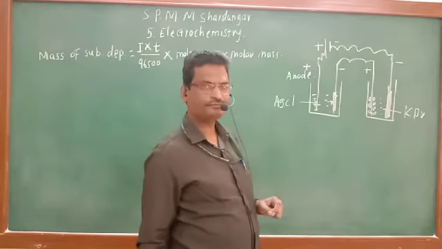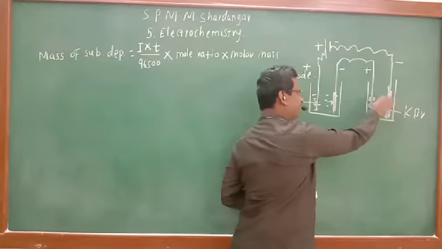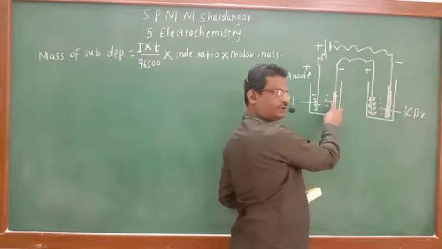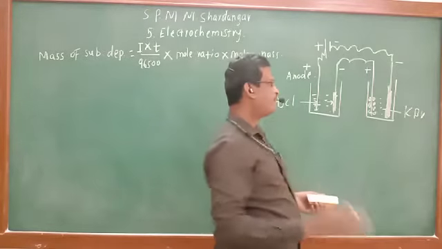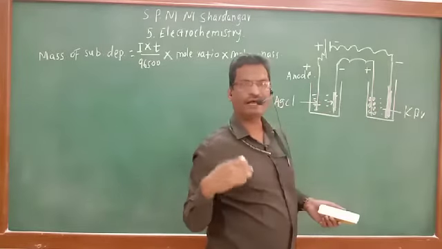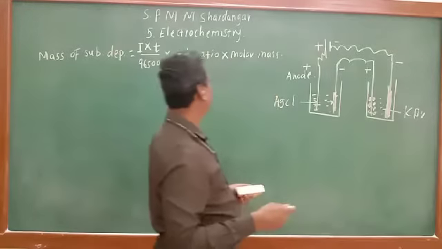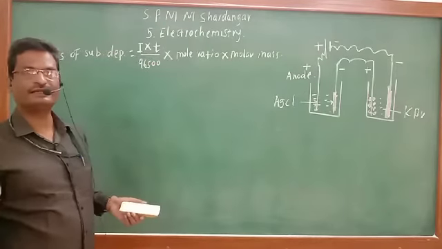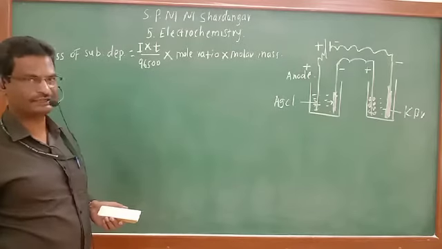At that time, the mass of potassium deposited and mass of silver deposited can be calculated simultaneously. Mass of bromine evolved or chlorine evolved can also be calculated simultaneously. And for that calculation, let us see the second type of calculations, the second aspect.